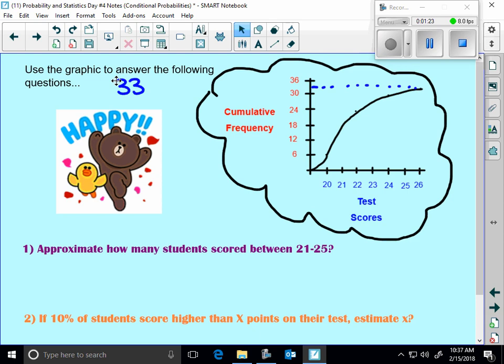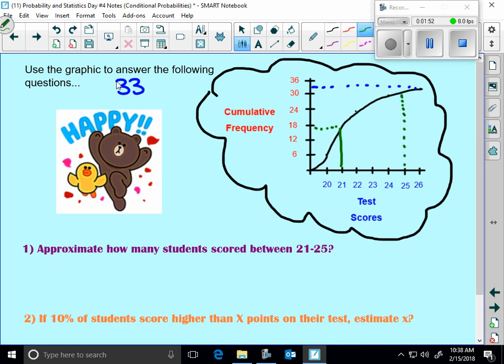12. How'd you get 12? 21, and I subtracted it from what there was. What did you estimate to be the number of students at that point for 21? 18. Okay, that's a good estimation. If you said 17, I wouldn't get too picky. So 18 students scored less than or equal to 21, and then we went to 25.